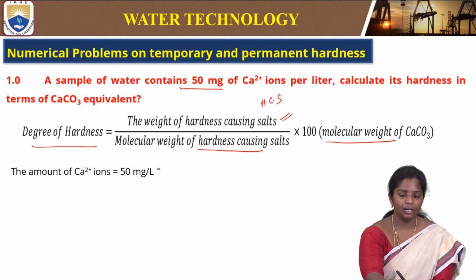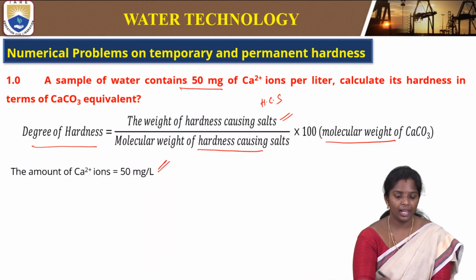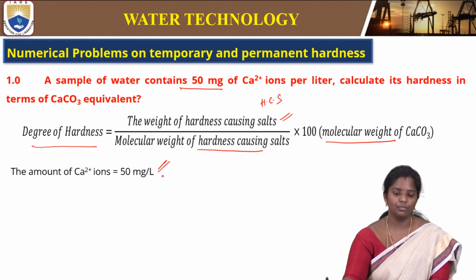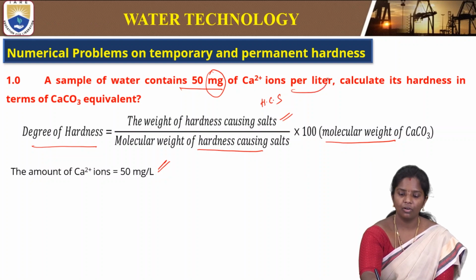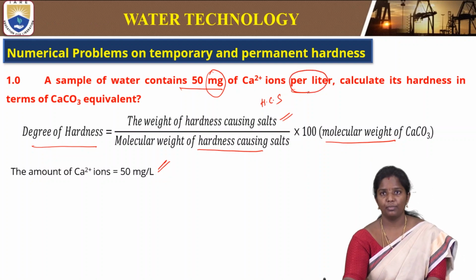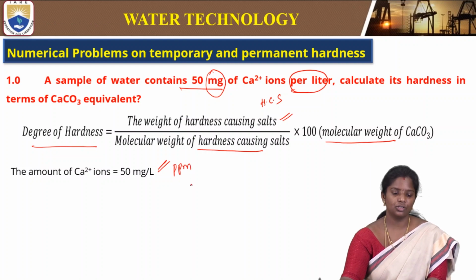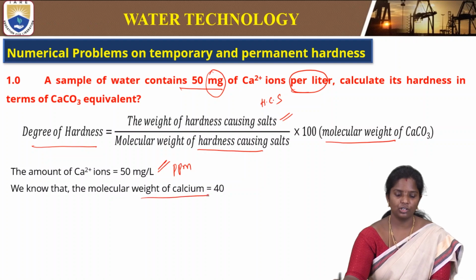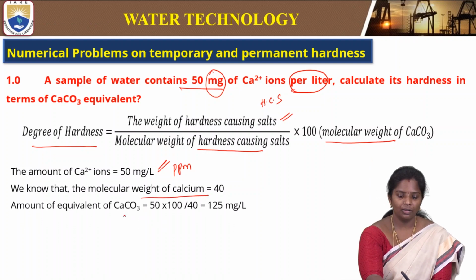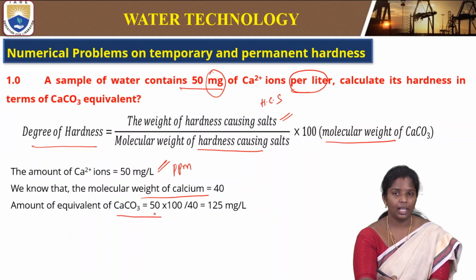Now coming back to the contents of the question, the amount of calcium 2+ ions is 50 mg per liter of the water sample, that is, mg per liter or ppm. This is the concentration of calcium ions present. We know that the molecular weight of calcium is 40, and we will be converting into calcium carbonate.